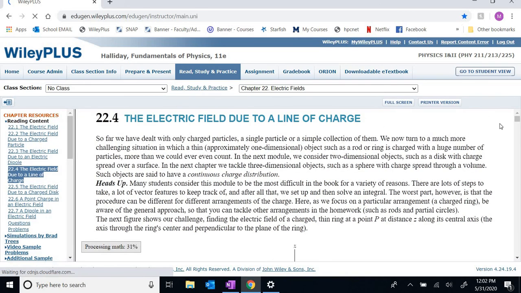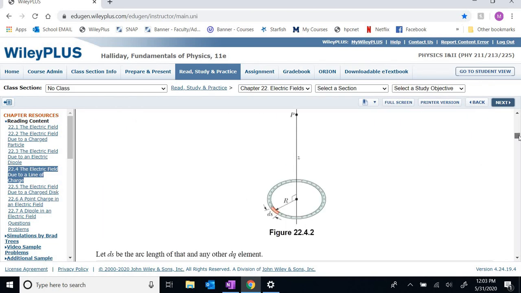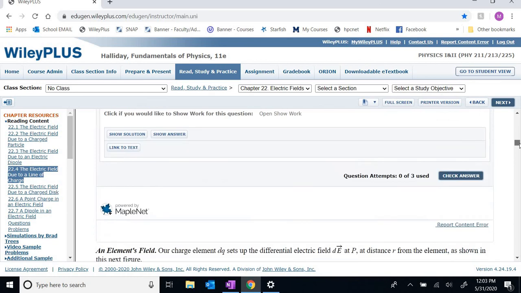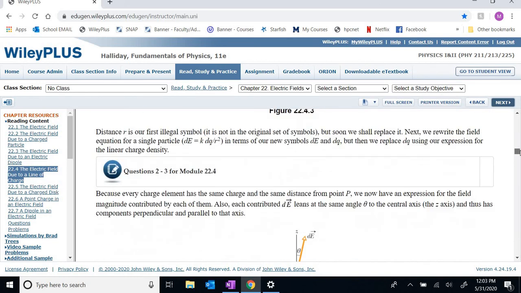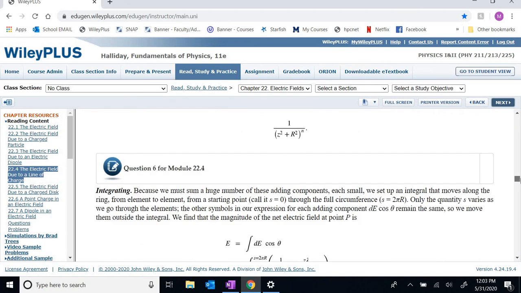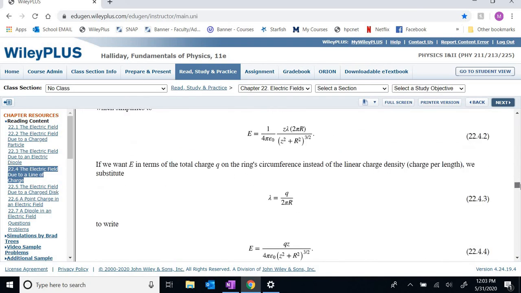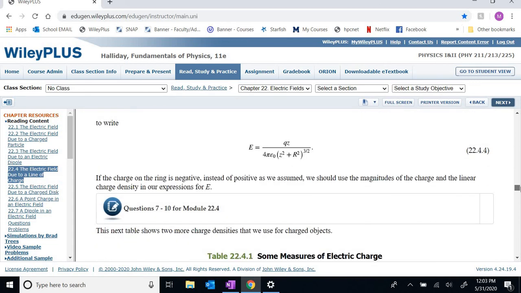I think that should be paired up with the... Oh, here we go. There's the ring. And we'll head on down to where they have their solution. Okay, there we go. So I'm going to jot that down real quick because we will need that.